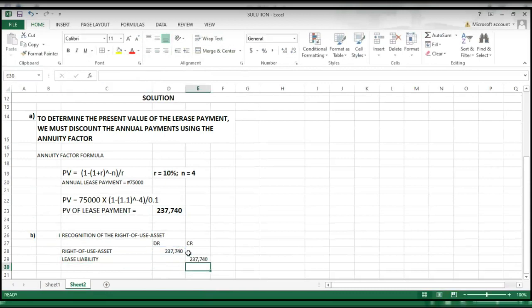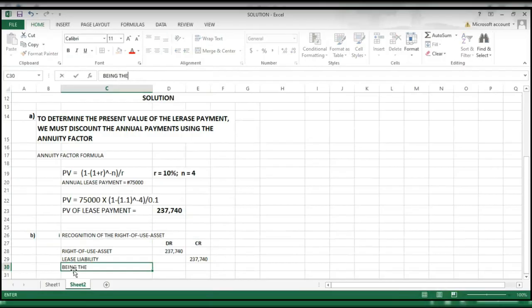Since there is no other information we have that will tell us that the figure is more than this, we will still be treating examples that will give us additional information. So this is just the recognition of the right of use asset. That's the description of this journal.